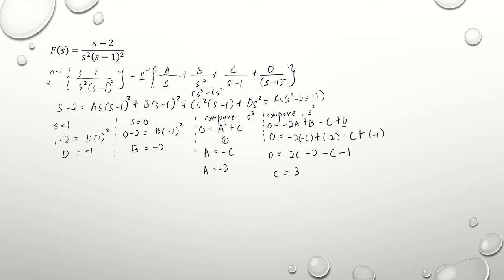Then put your answers in this equation, so we can do the inverse Laplace transform. For A, negative 3 over s. Next for B, we got negative 2 over s square. For C, what we have is 3 over s minus 1, and the last one negative 1 for D over (s minus 1) power of 2.